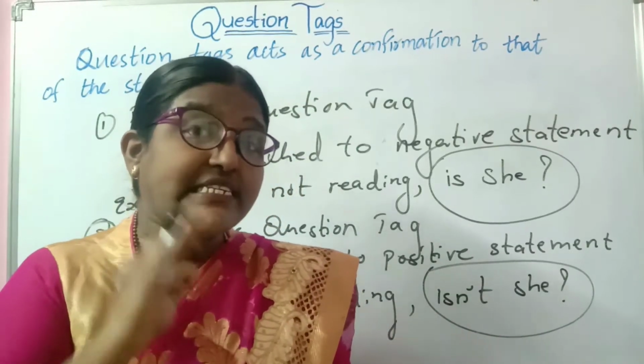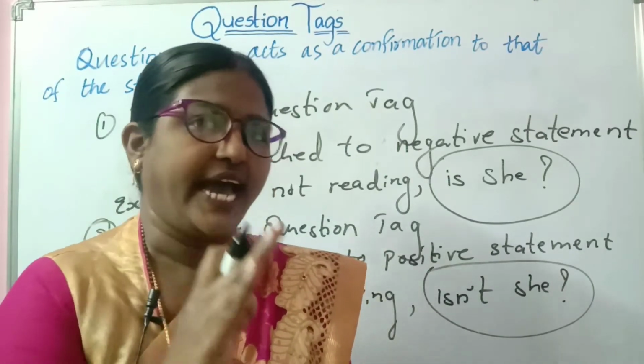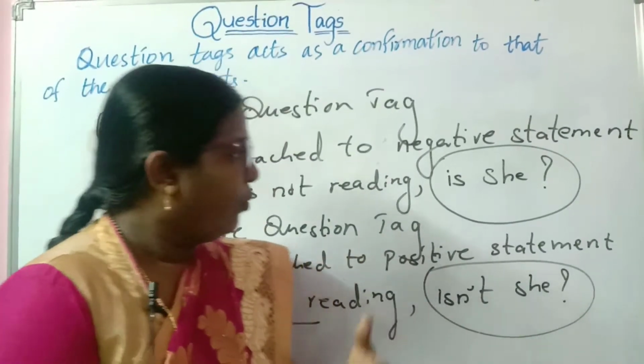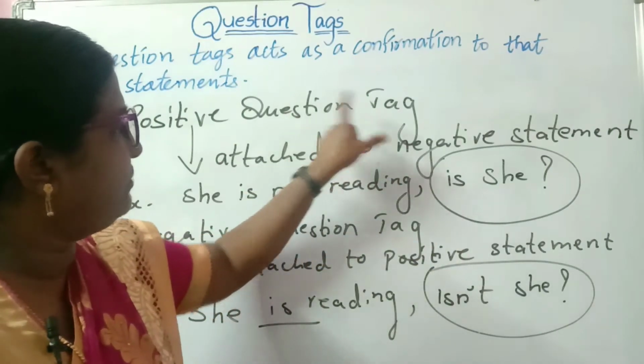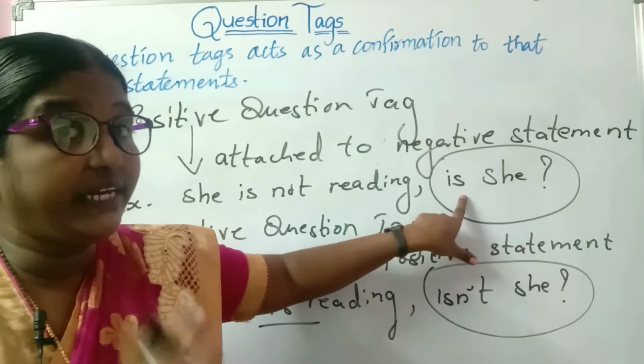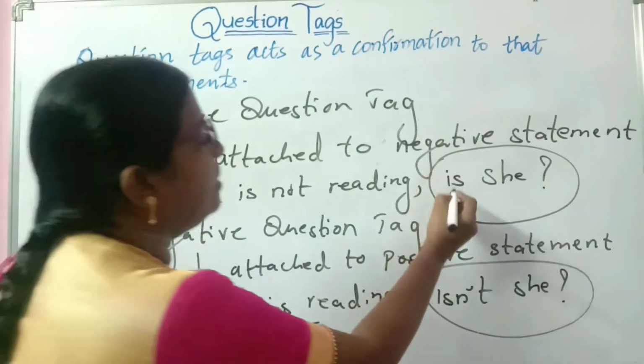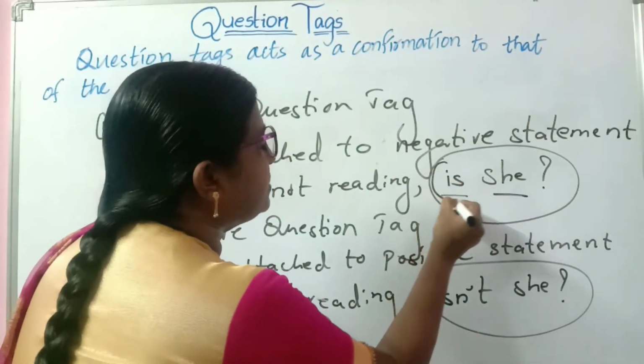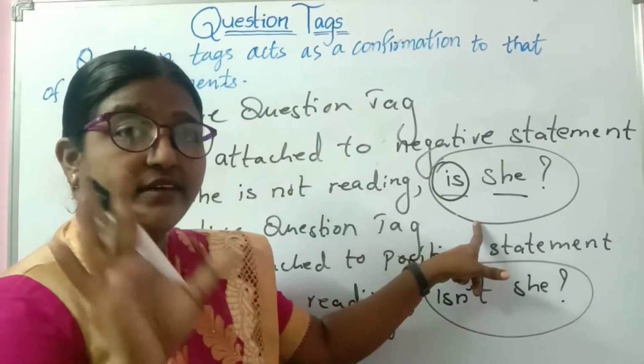And the structure of the question tags. What is the structure for this positive question tag? See here. What is this and what is this? This is auxiliary verb.